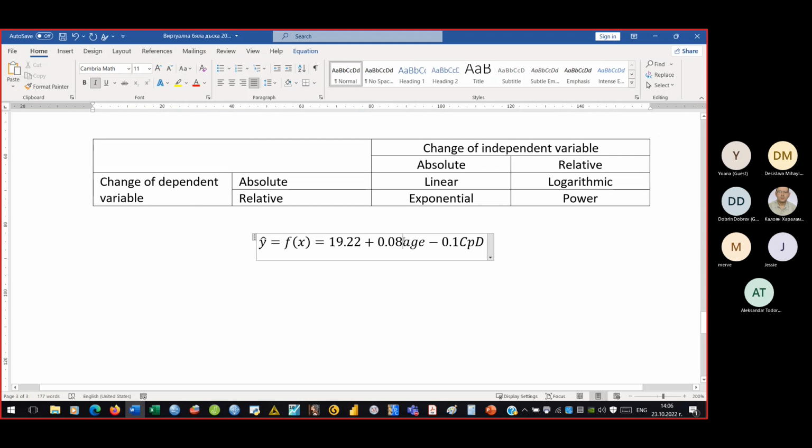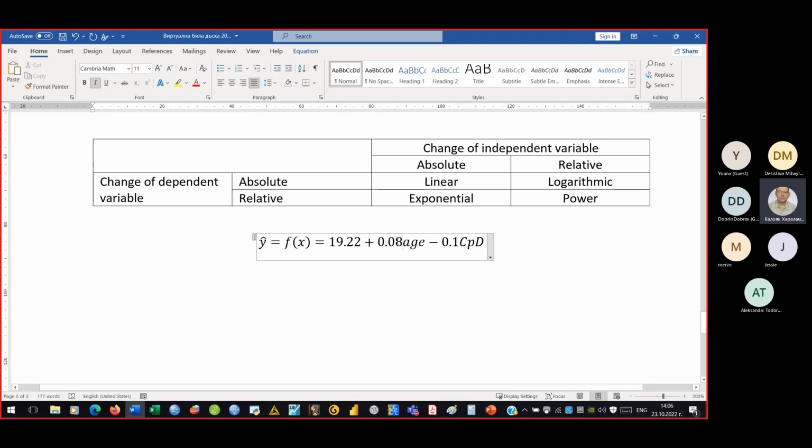Here, I can say that if age increases by 1 year, then optimism will increase by 0.08 scores, but I must add under the condition that all other factors in our model are constant, or I must add under the same conditions.